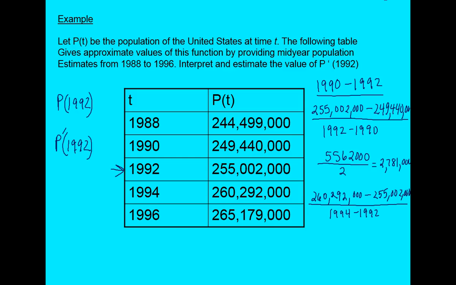And here we would get 5,290,000, then divided by 2 is 2,645,000.